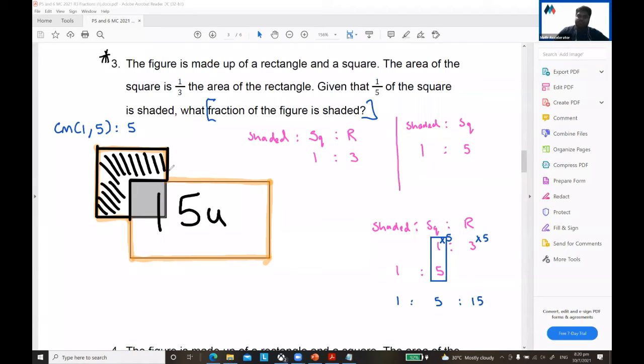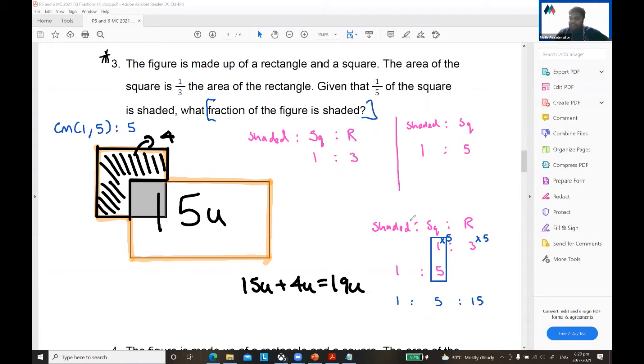Very good. It's 4. This portion here is actually 4. So what is the unit of the total figure then? It is 15 units plus 4 units and gives you 19 units.